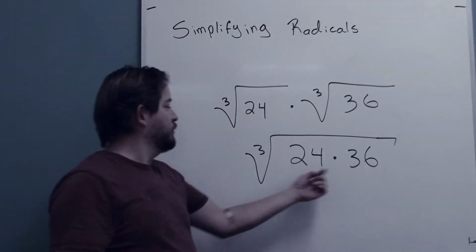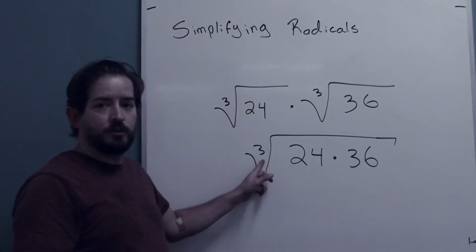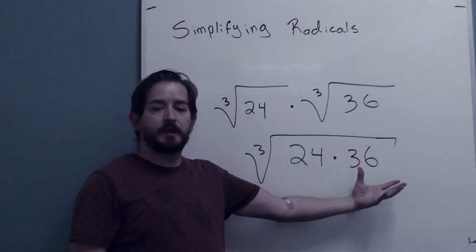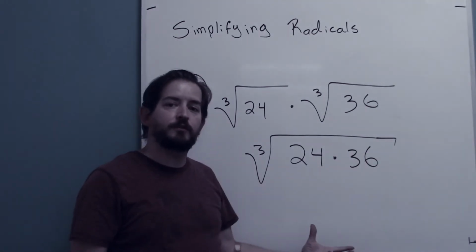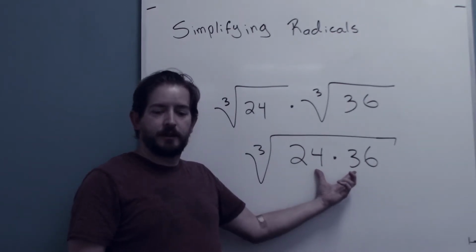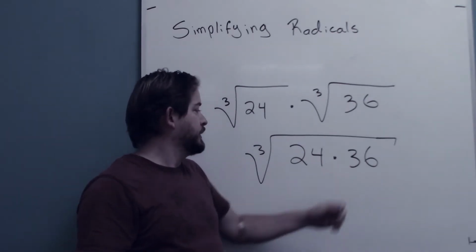Because to figure out what I can pull out of a cube root, I want to factor this down. So multiplying this makes a big number, which I then have to factor down. I could easily just say this is my first movement of that factorization process. So I can just start here.